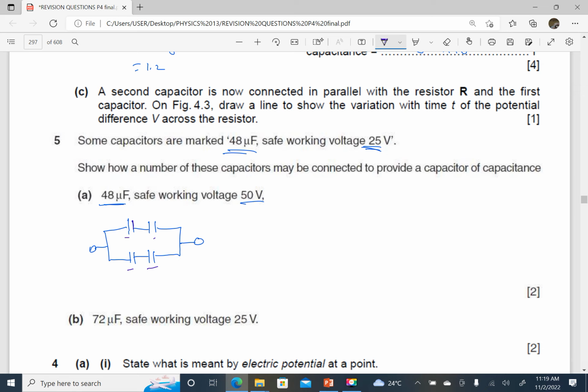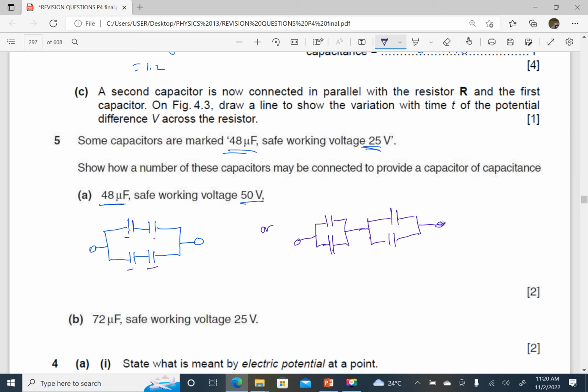Alternatively, you could also come up with this one. So this is another alternative. How about if you have two in parallel with each other, but then in series with another pair? Of course the PD across each of these is 25. These are connection leads for the PD.